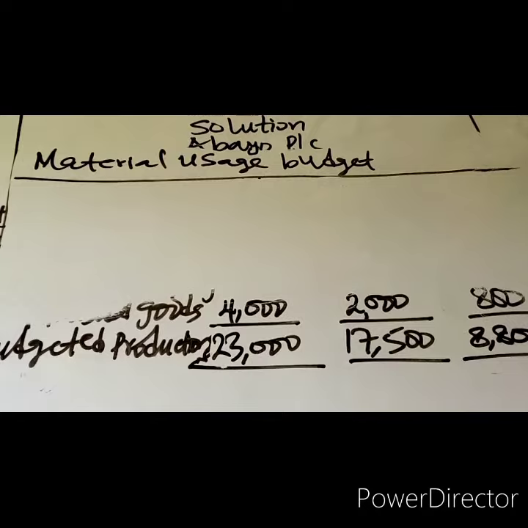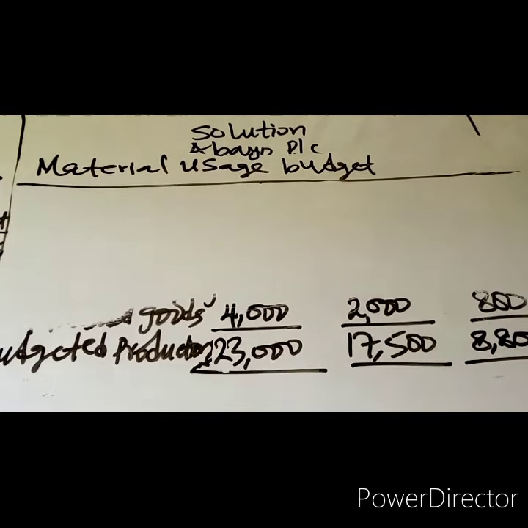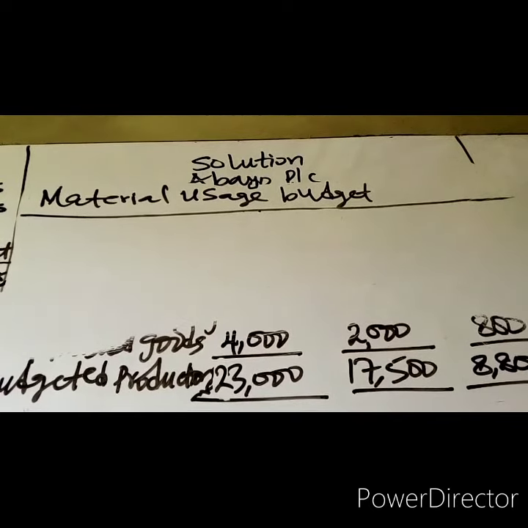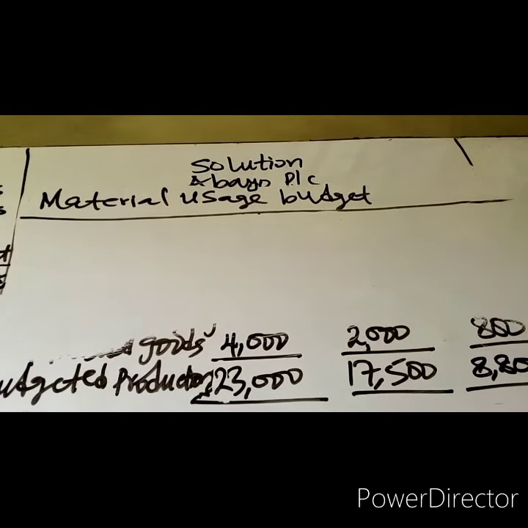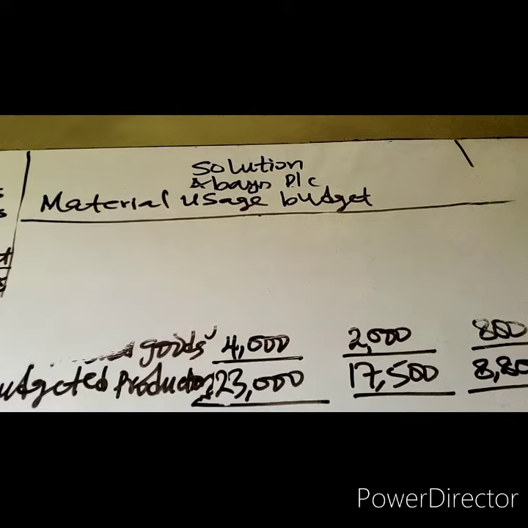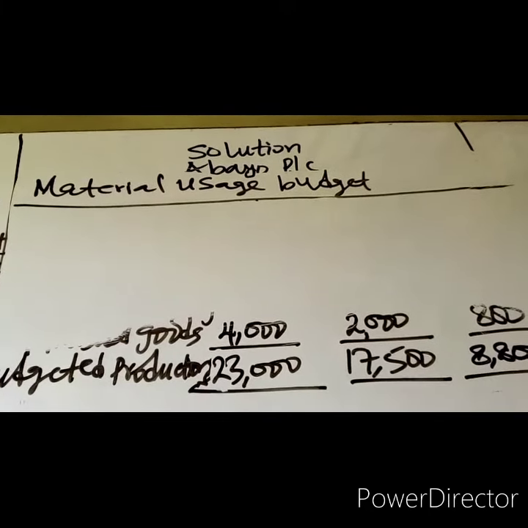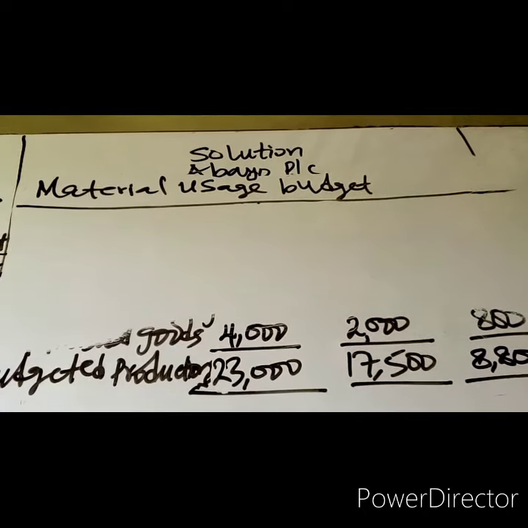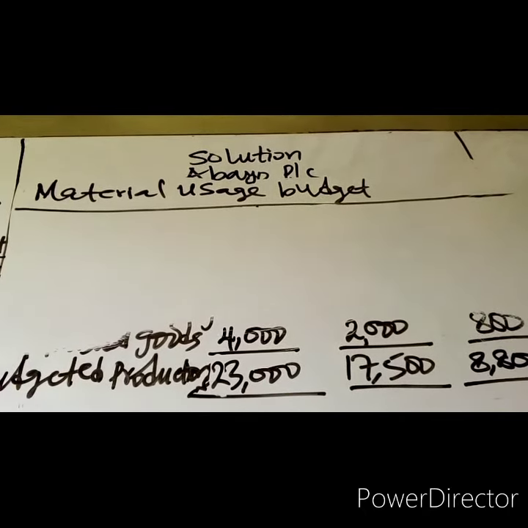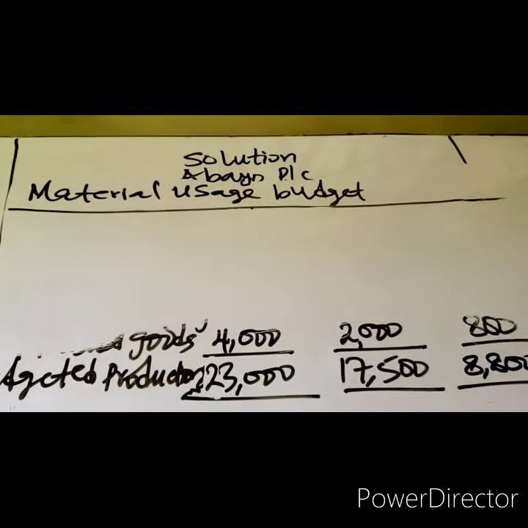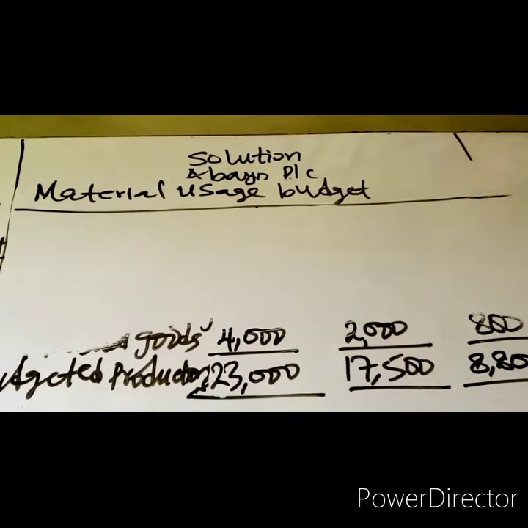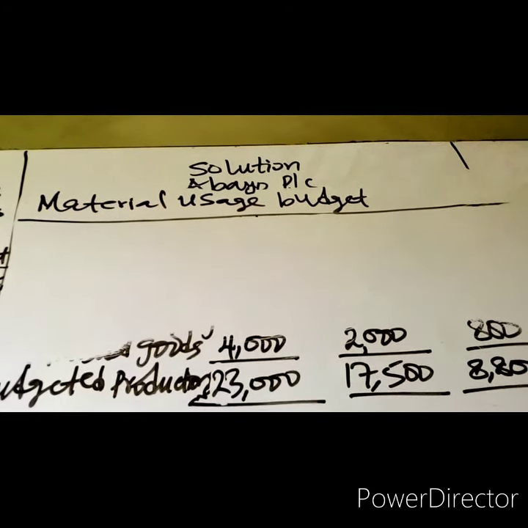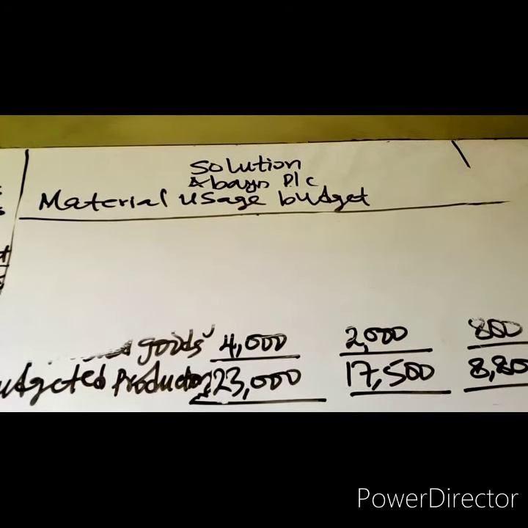I've told you that the material usage budget will be prepared by multiplying the expected usage by the number of units produced, by the budgeted production.